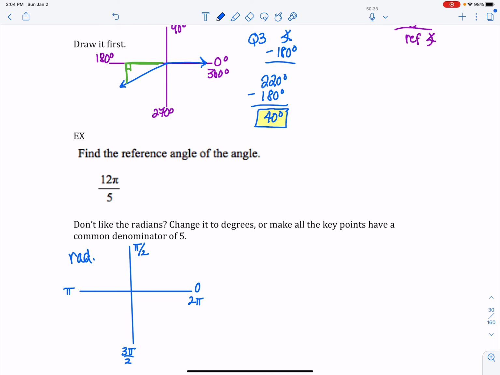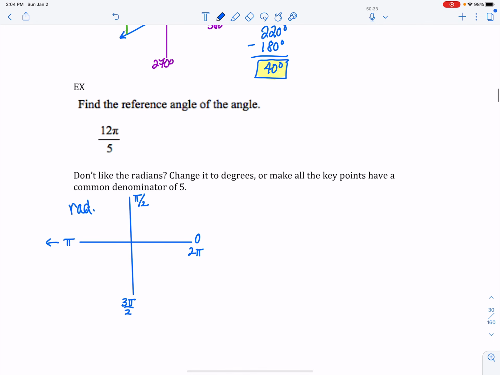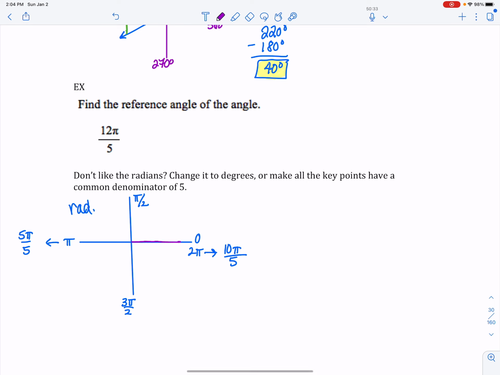So if I'm going to change these so they have a denominator of 5, pi is going to be 5 pi over 5, and 2 pi is going to be 10 pi over 5. So I can get an idea that more than likely I'm in quadrant 1. Basically what this angle has done is it's gone all the way around and then ended up here.